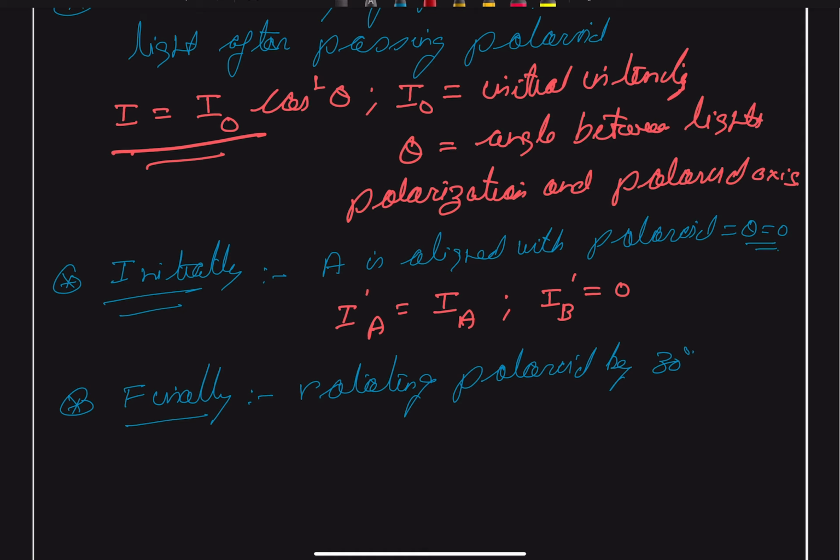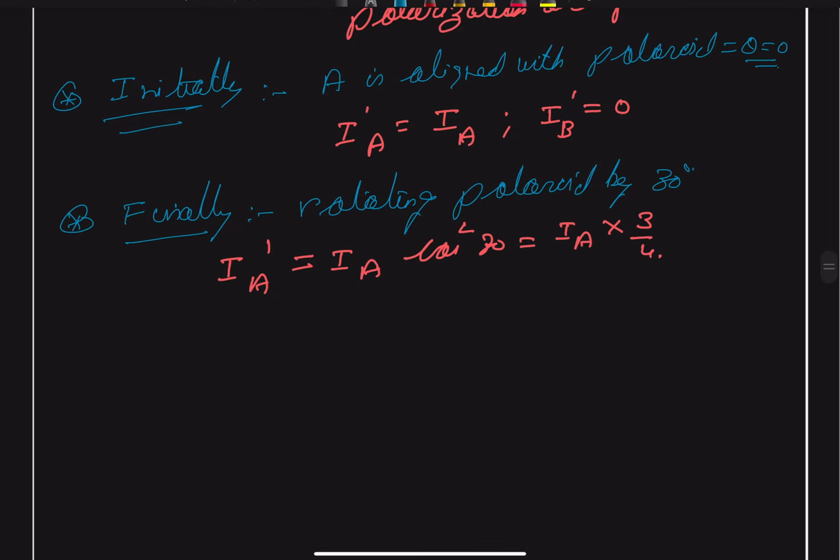So we get that for IA prime will be equal to IA cos square 30, which comes as IA 3/4, and for IB prime that will be coming as IB cos square 60, and that will be coming as IB of 1/4, and it is given that both appear equally bright.